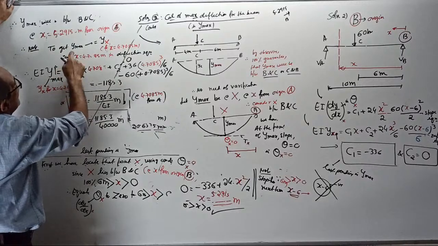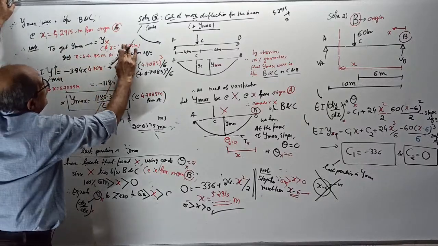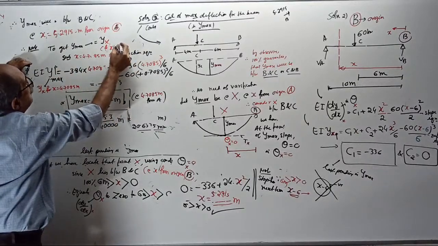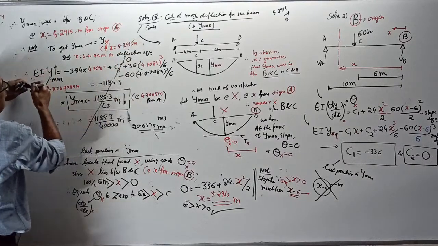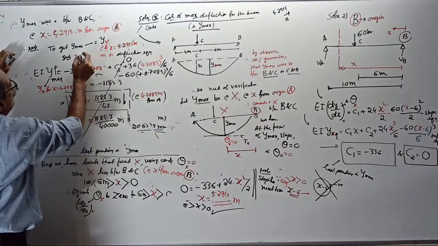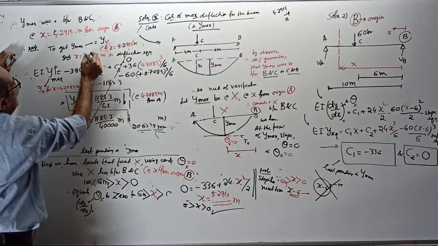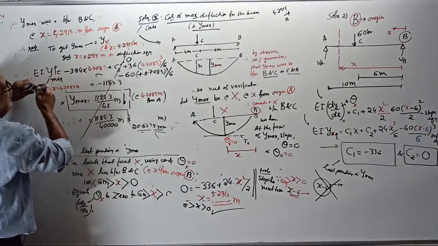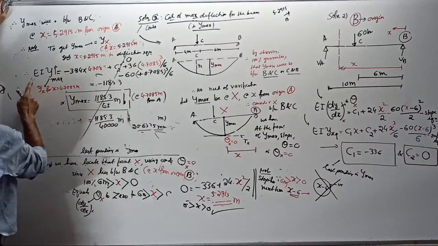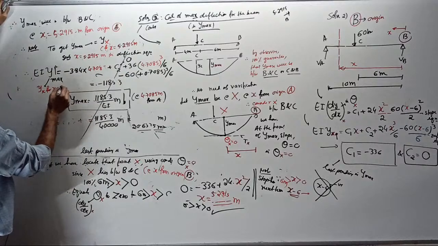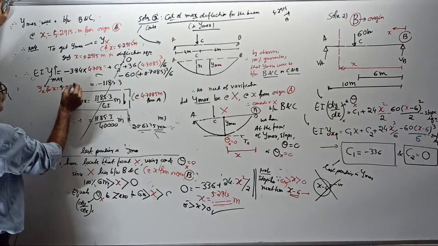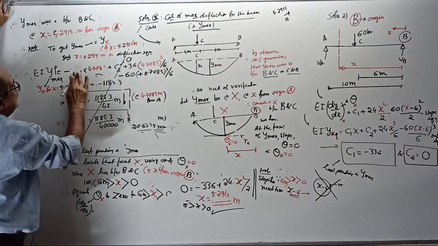Now to get y maximum, it is y at x equal to 5.2915 meter. Substitute x equal to 5.2915 meter in the deflection equation. You get EI y max for x equal to 5.2915 meter. C1 is a different value.